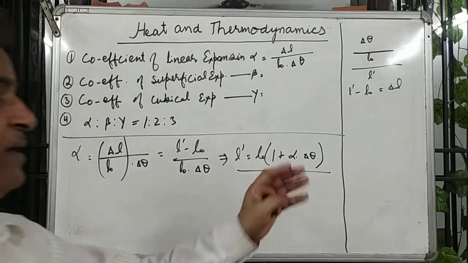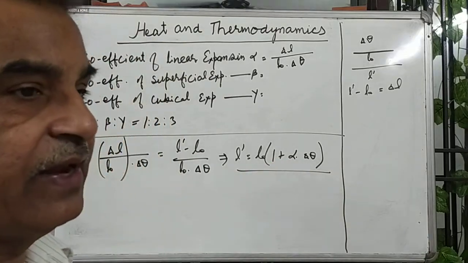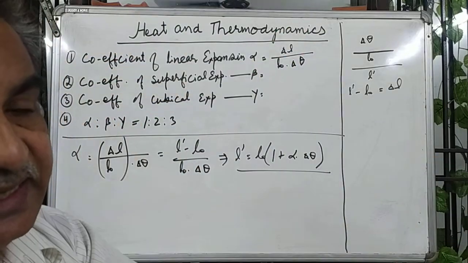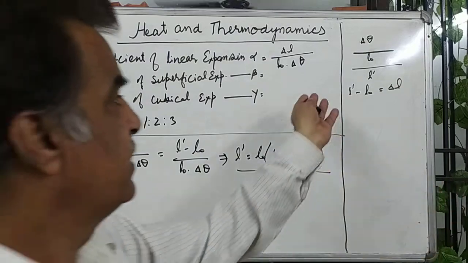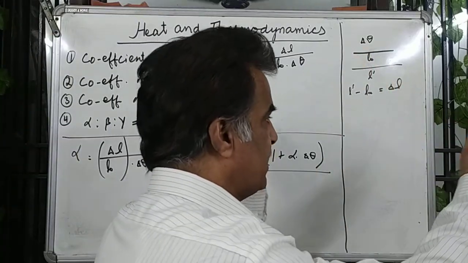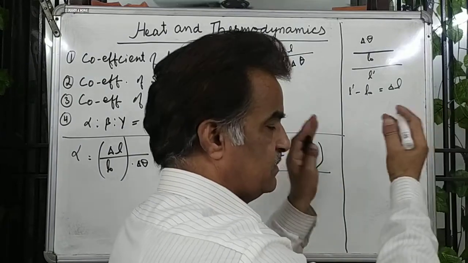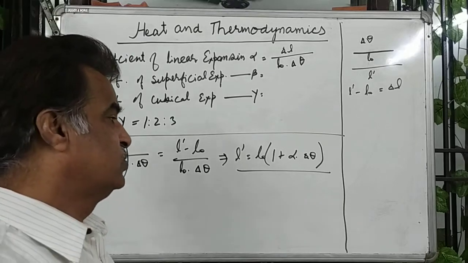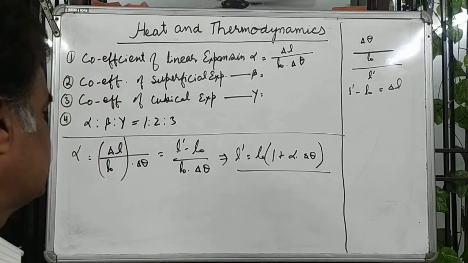So you may represent it this way. For the meaning of coefficient of linear expansion, due to decrease in temperature there will be no increment, there will be decrement, contraction of the rod will take place. So this is alpha.